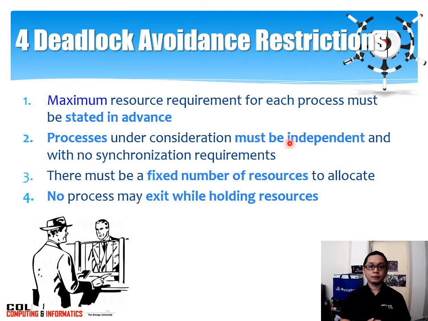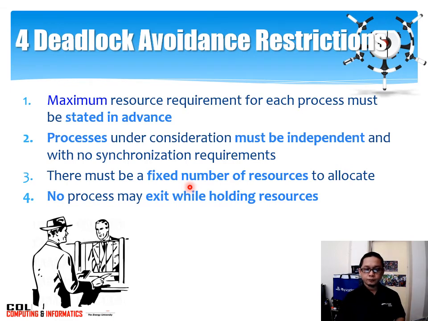For the third one, there must be a fixed number of resources to allocate. It means that you must have the actual value of resources to consider, so that when P1 requests this amount of resources, you can cross-check with the number of available resources inside the system.